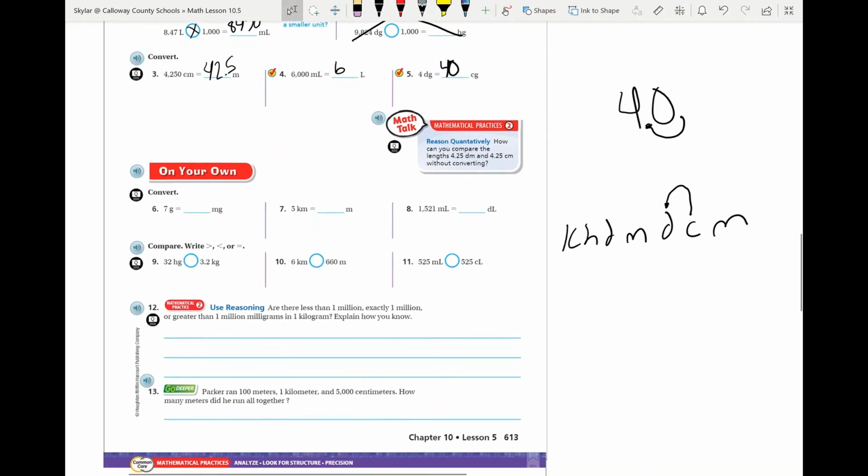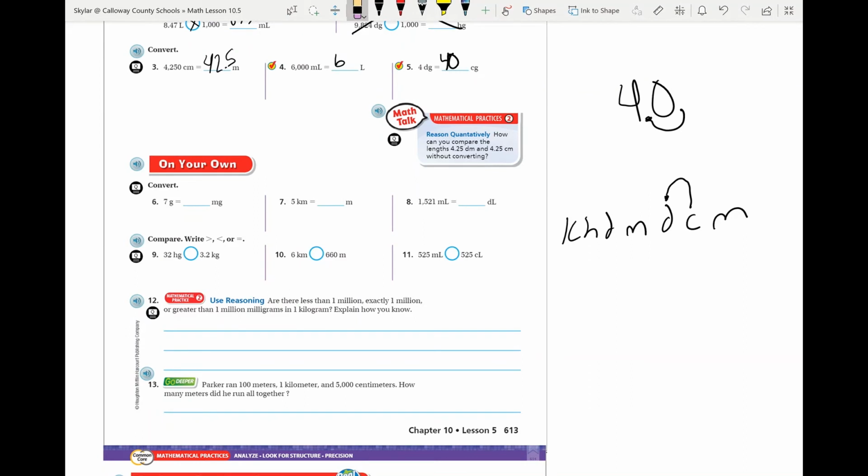I'm also going to show you how to do number 9. That way you all can also go ahead and do 10 and 11 by yourselves as well. So check this out. All you have to do is the exact same thing, just convert them both to the same units. So we've got hectograms and we've got kilograms.